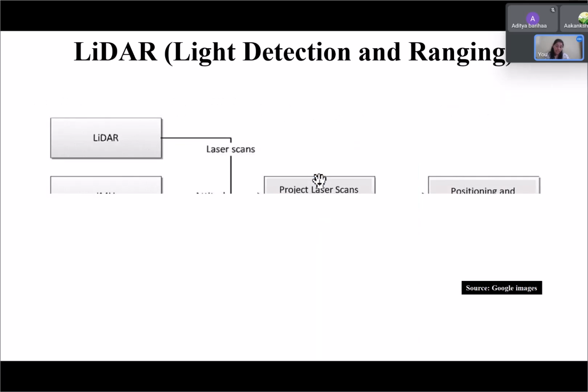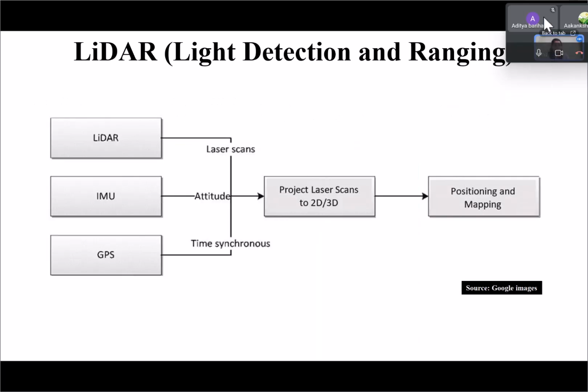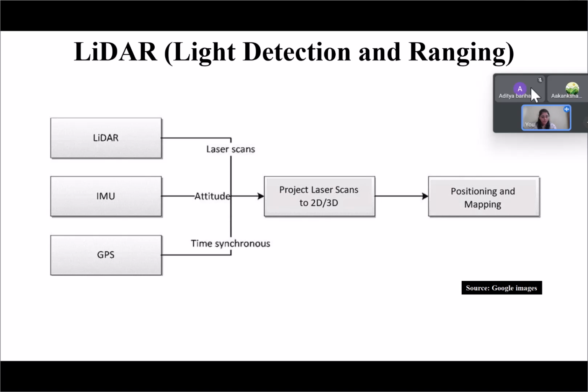That's LIDAR. And then what happens? What do you do after this? Once you have your own source of light, you also have several modules attached to it, modules like IMU and GPS, which are for the satellite itself. So now understand this: the satellite has LIDAR, it puts out light, and it gets its light back.